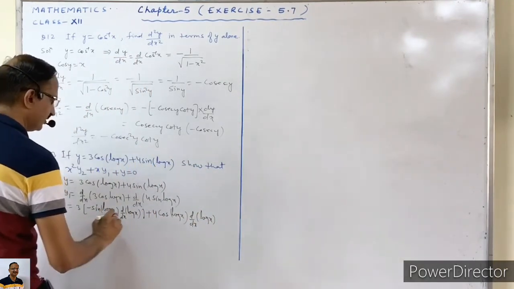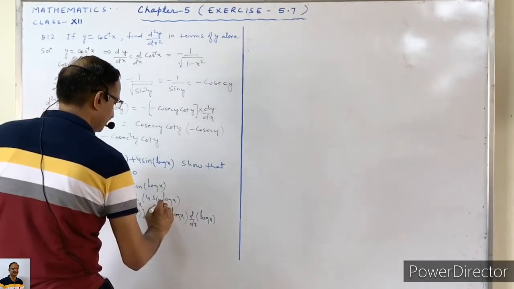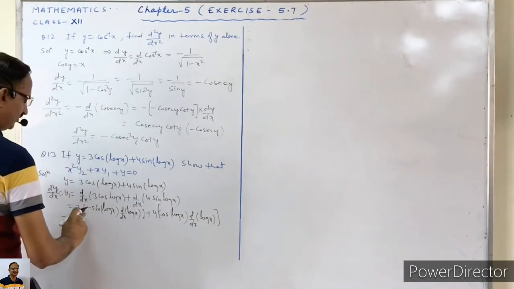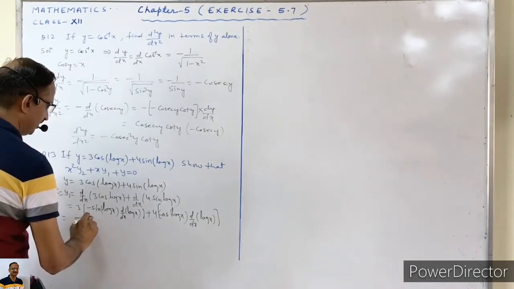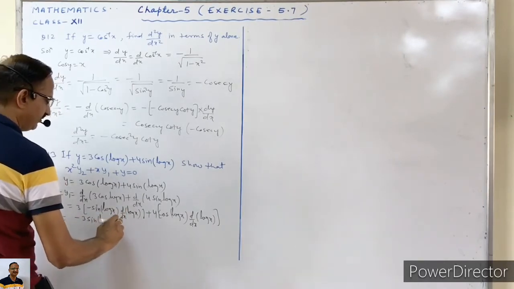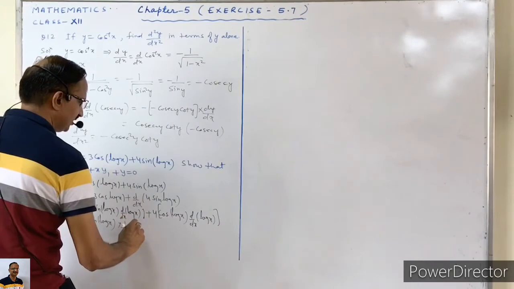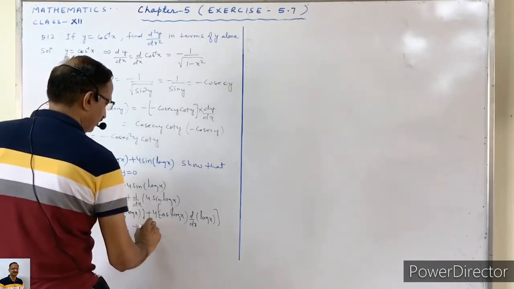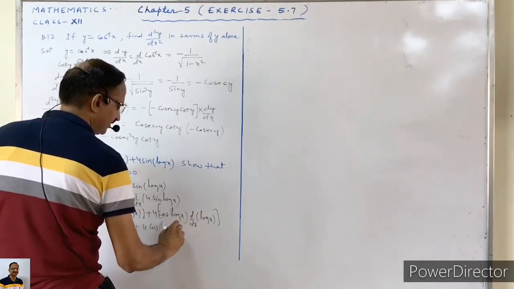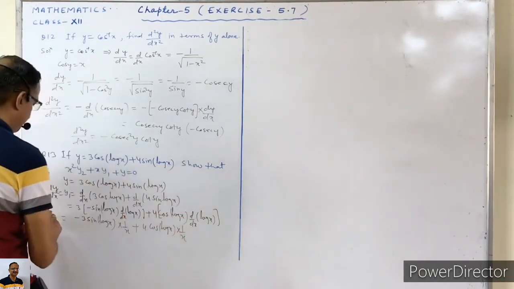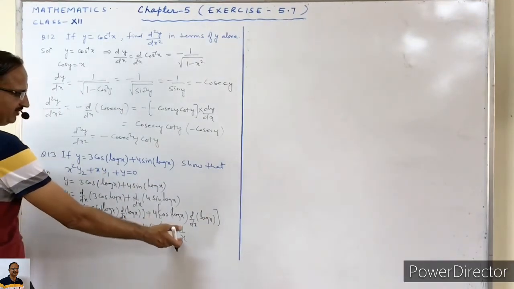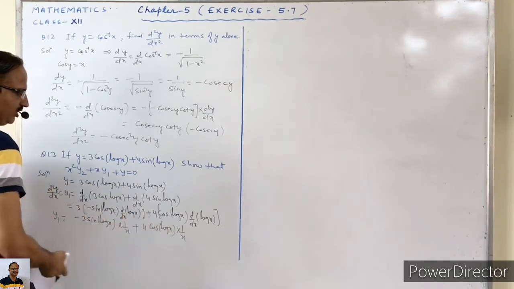Now this is minus 3 sin log x and derivative of log x is 1 by x. This is 4 cos log x and derivative of log x is 1 by x. This is y1.